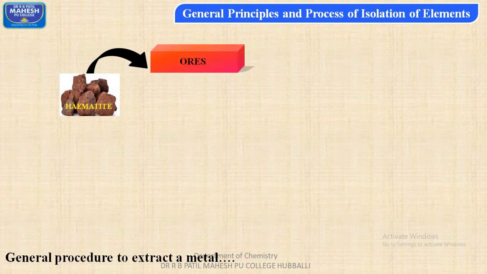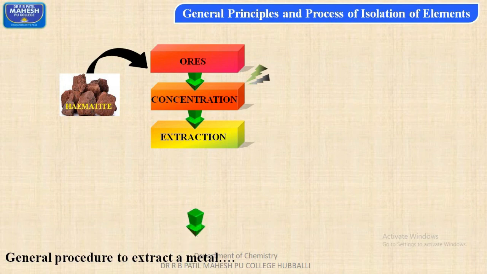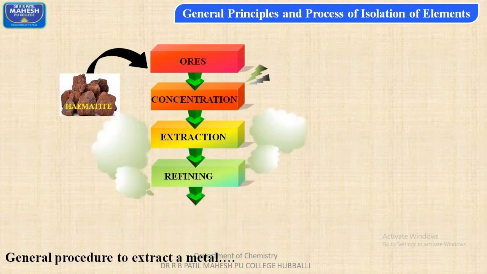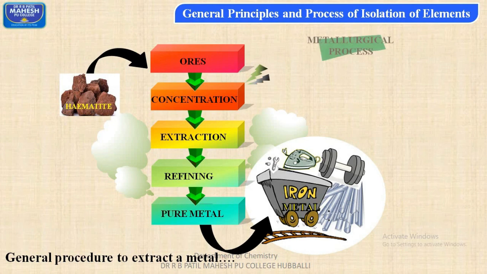So the selection of the ore which would be done from the minerals, followed by concentration of the ore particles, and next to this is extraction of iron, followed by refining process, and finally we are obtaining pure metal, that is Fe particles. So this entire, that is 5 steps, it would be involved within metallurgical processes.